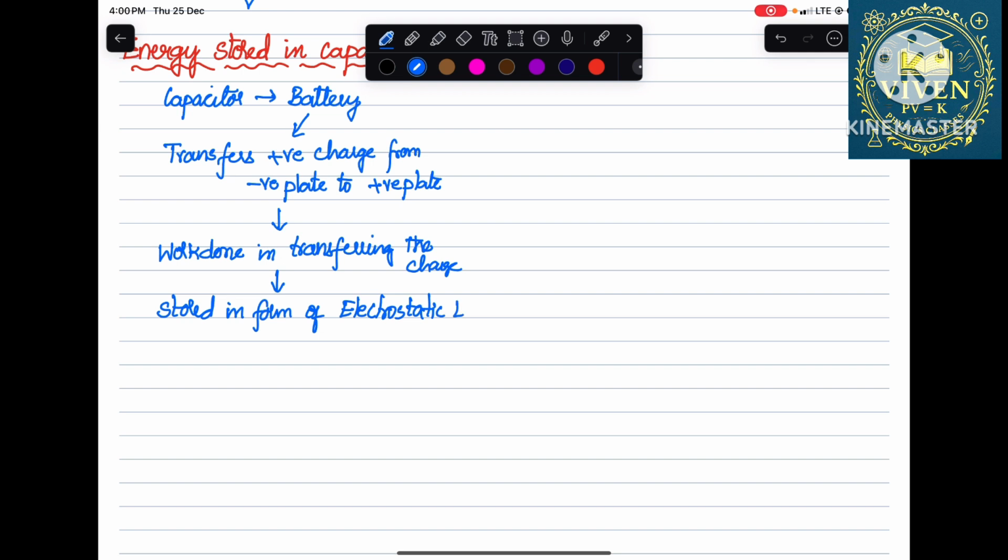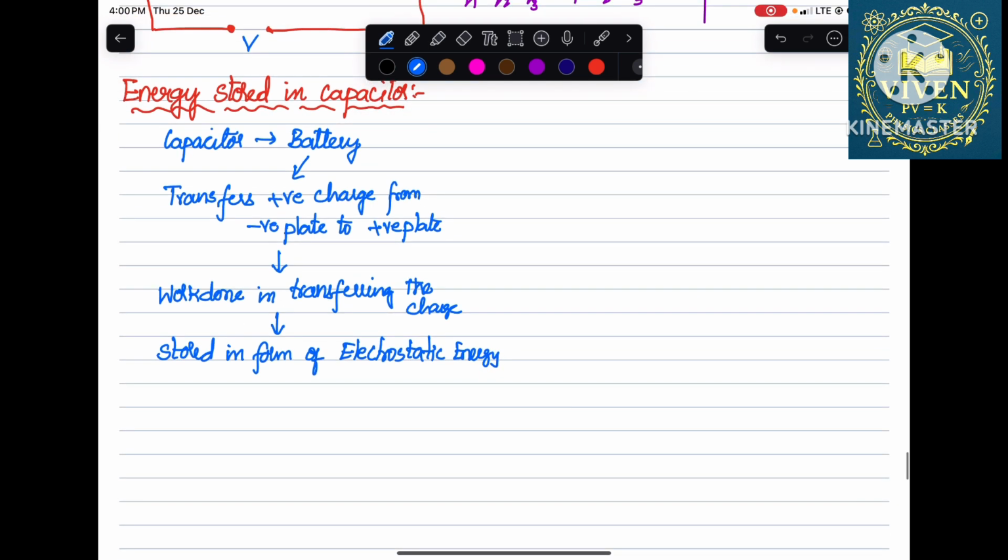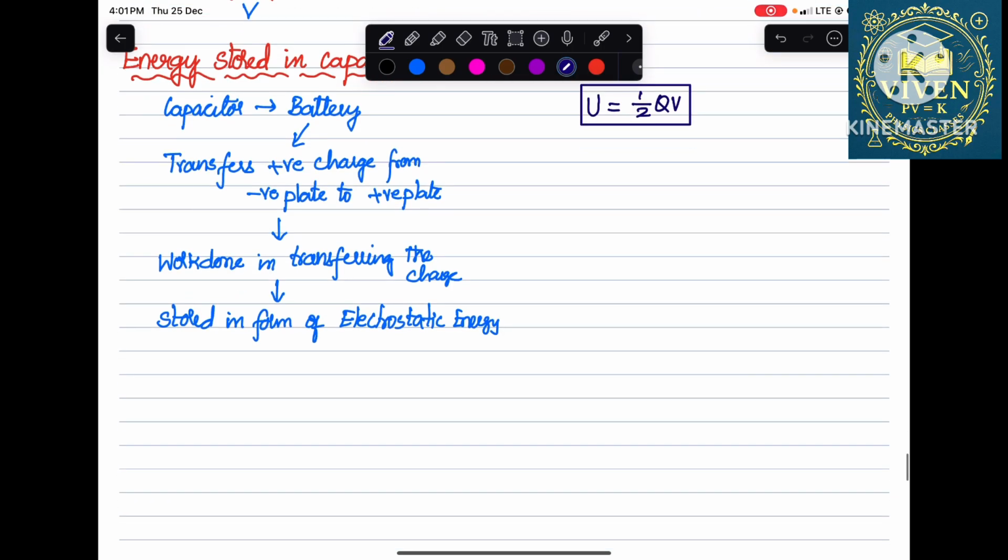So the energy stored in a capacitor is given by U equals half QV. Just remember the formula, U equals half QV. We have different forms, right? The first form is Q equals C into V, from which I get the energy stored equal to half CV square.